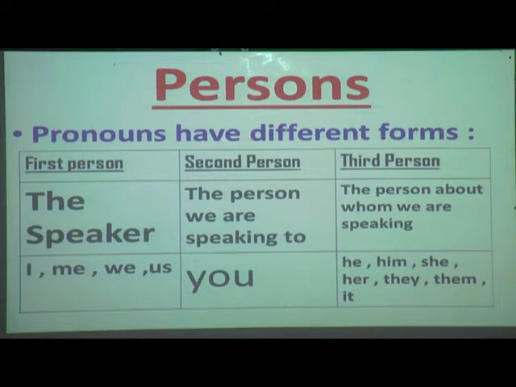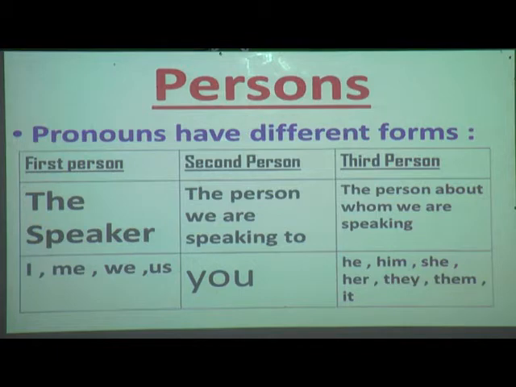If I say, how are you, Ram? I am the speaker, I am the first person. You are Ram, you are the second person. Now, for example, Ravi is absent and I want to ask you about Ravi. So I will ask you, Ram, where is Ravi? So Ravi is here the third person.